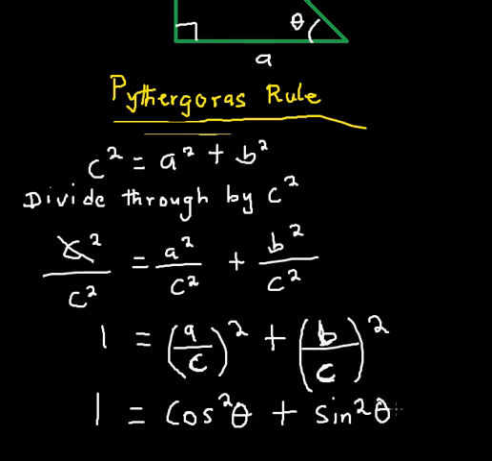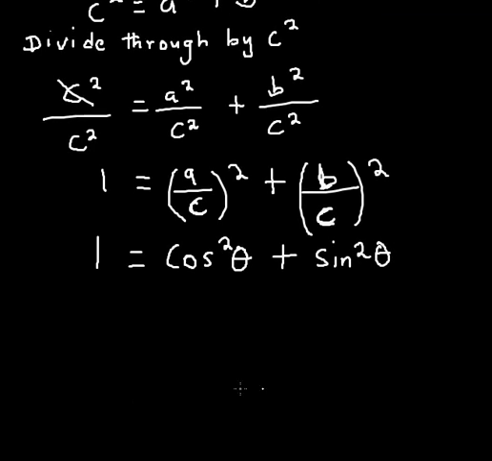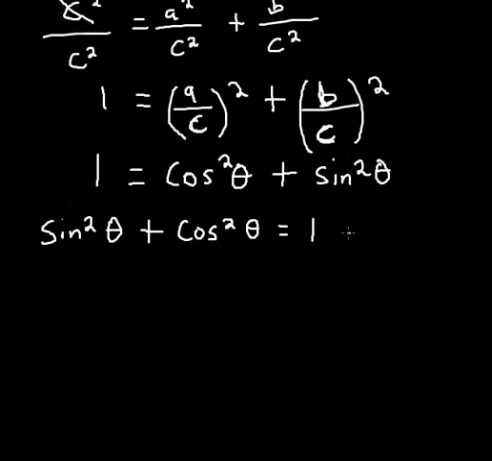This shows that the first identity we have derived is the sum of sine square theta and cos square theta is equal to 1. So that's the very first identity that I have derived.